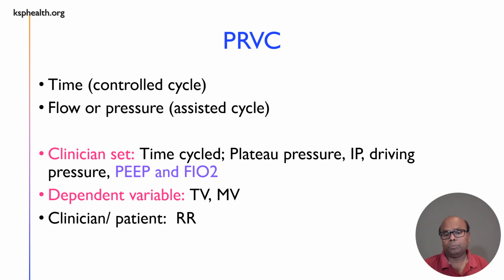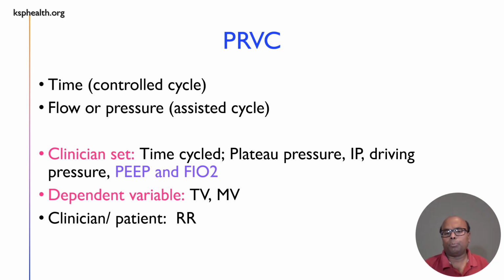The clinician sets PEEP and FiO2, we already discussed. Other things we set are the time cycle, what is the respiratory rate, what is the pressure, and what is the volume needed. So whenever you do that, the dependent variable becomes volume.